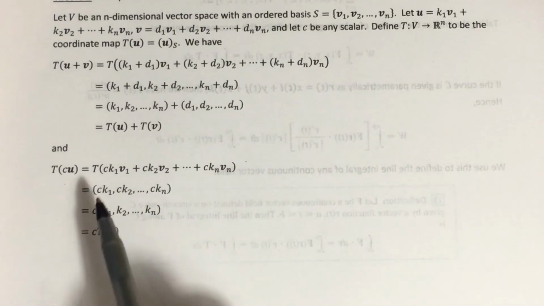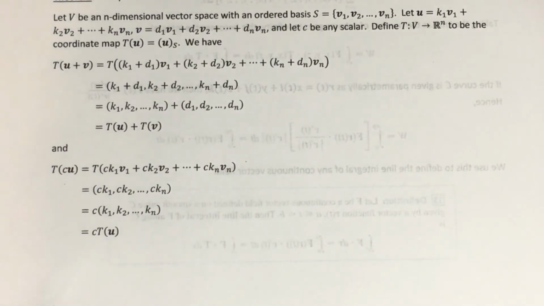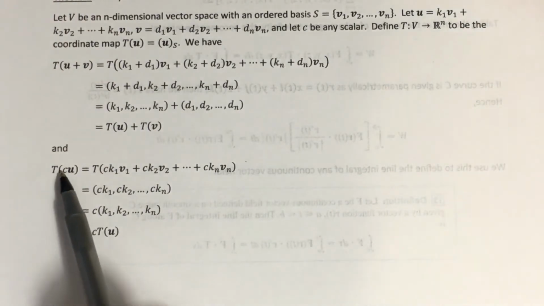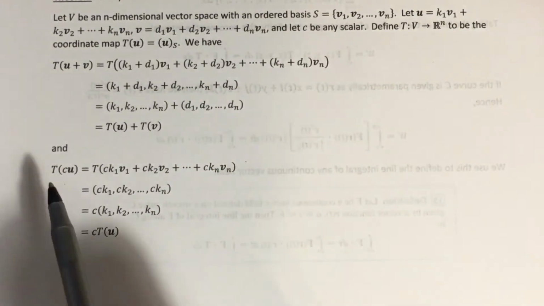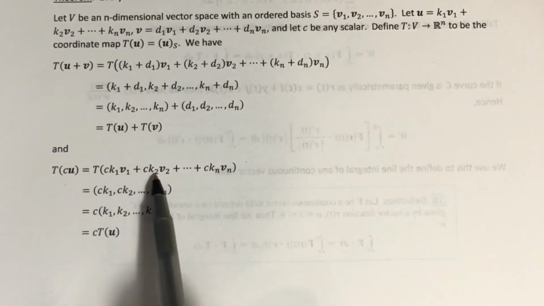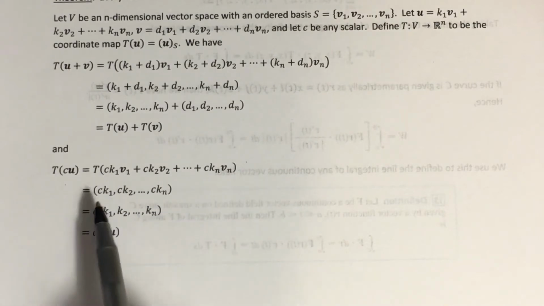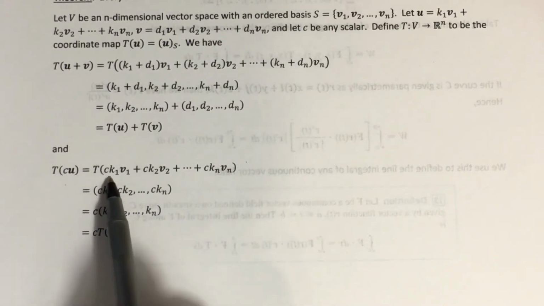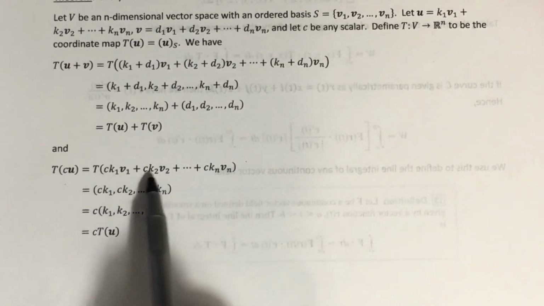Similarly, for homogeneity, if I wanted to find T of CU, remember C is just some scalar. Well, multiplying C to U is the same as multiplying C to its linear combination in the basis S. So that would look like CK1V1 plus CK2V2 and so on. Now, mapping this to its coordinate vector in Rn, the coefficients, instead of just looking like K1, K2, and so on, they look like CK1, CK2, and so on.